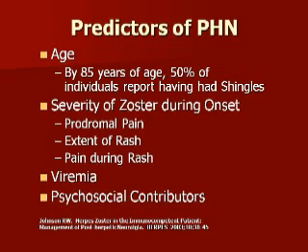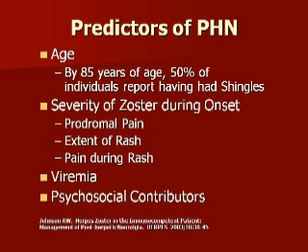Who's going to get post-herpetic neuralgia? Well, we saw age is a determinant. So patients who get to 85 years of age and develop acute shingles will have reports of post-herpetic neuralgia. And the severity of the zoster during the onset is said to be predictive.